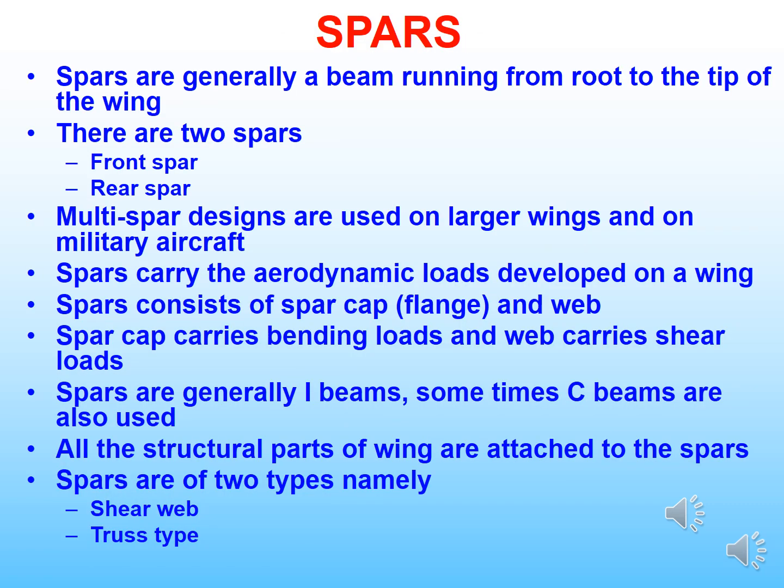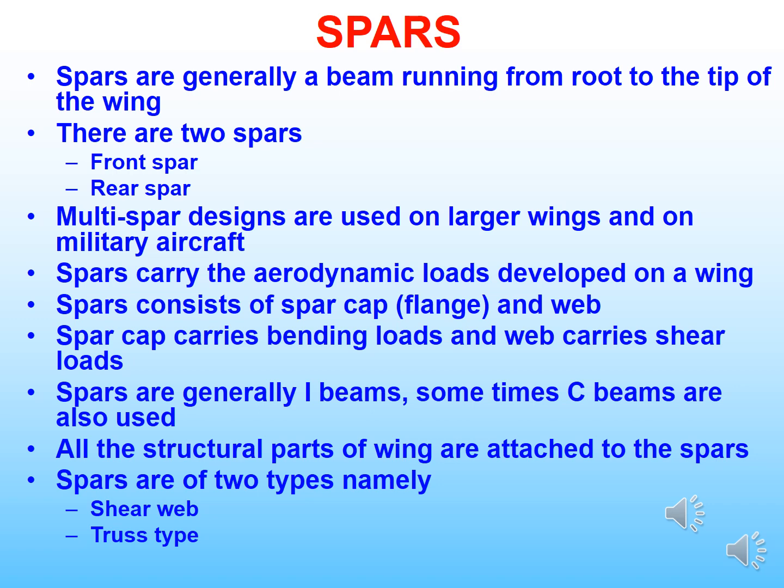Spars. The spars are generally a beam running from the root to the tip of the wing, as we see in the wing terminology. There are two spars, front and rear spars. In case of a longer span, the number of spars can be increased and they are called multispars.